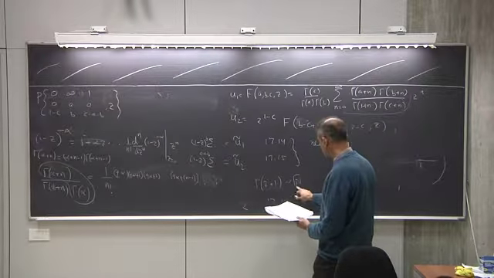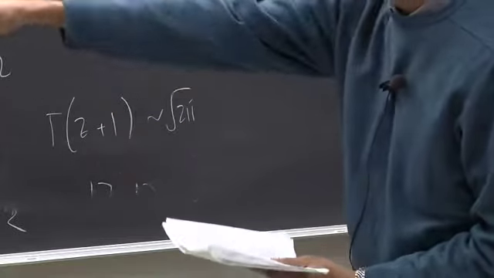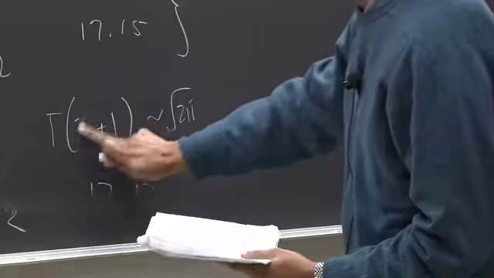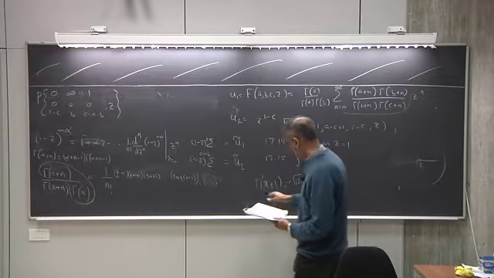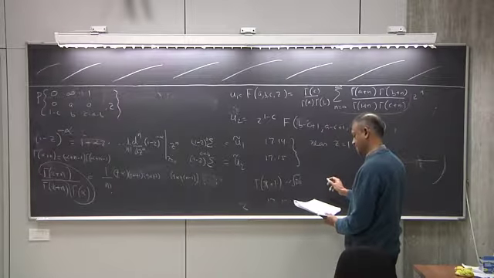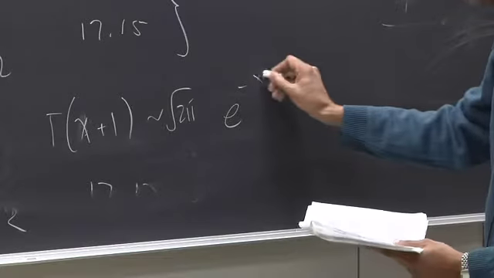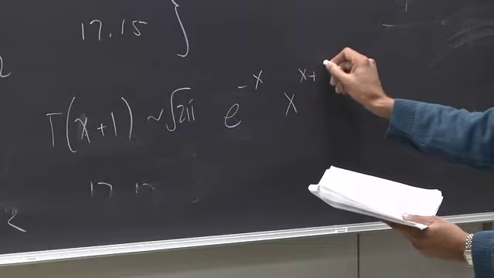These things will not be important. Maybe I shouldn't use this z, so as not to confuse it with this. Let me use x plus 1. Gamma of x plus 1 behaves like root 2 pi e to the minus x and x to the power of x plus half.